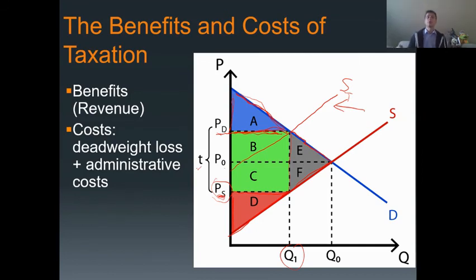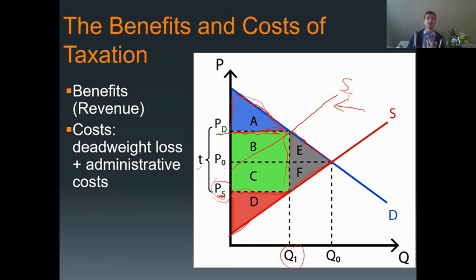If we want to figure out the total revenue that goes to the government, it's the area of this green rectangle, B and C. So this whole rectangle formed by those areas is B and C. If you want to find out the tax incidence in total on consumers, it's the area of B, and the producer tax incidence for total sales is the area of C.